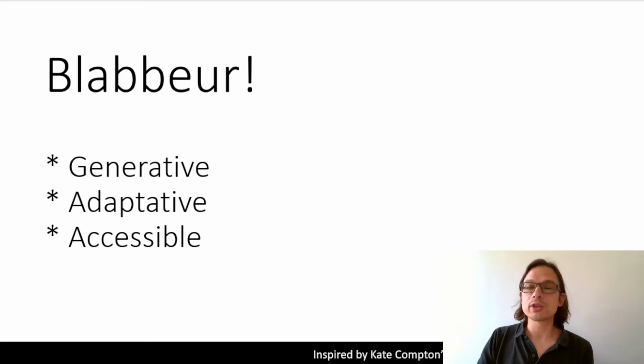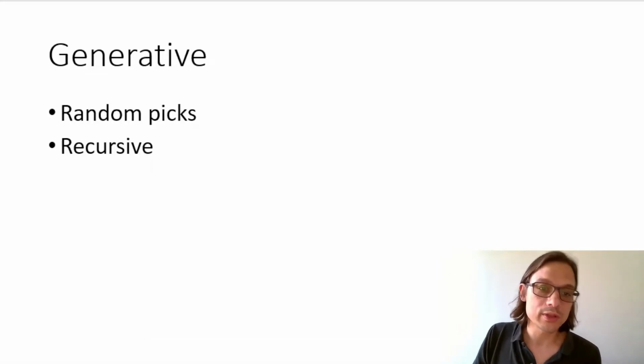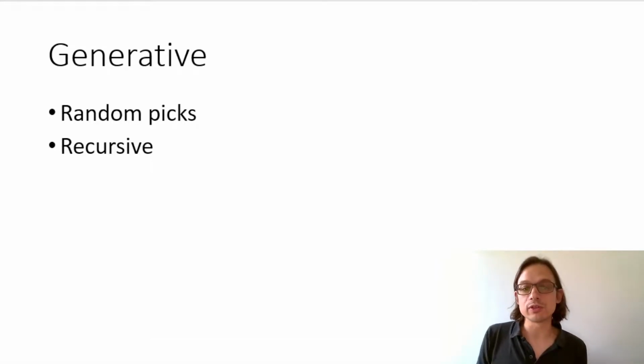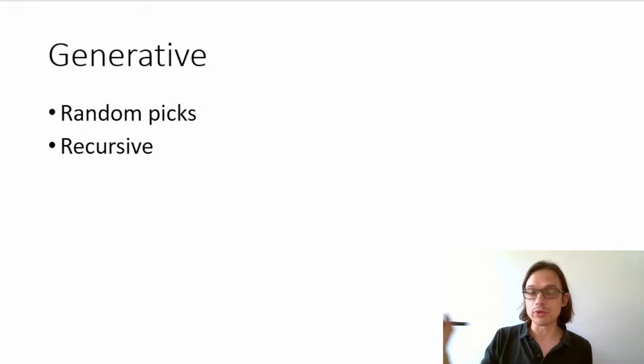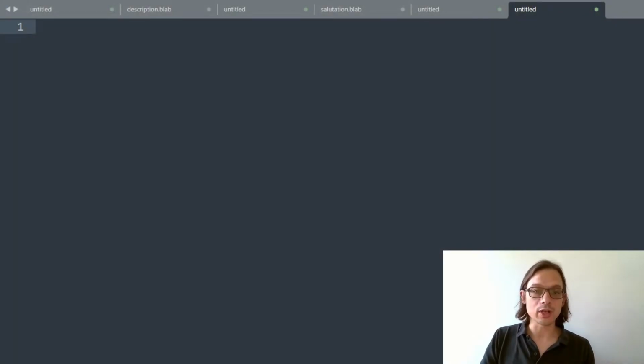In a sense, we're picking up these ideas, simplifying them a little bit, and implementing them in Unity. When I say it's generative, it mostly means that it can do random picks within your structure. And these random picks can be recursive. So let me show you what that can look like.